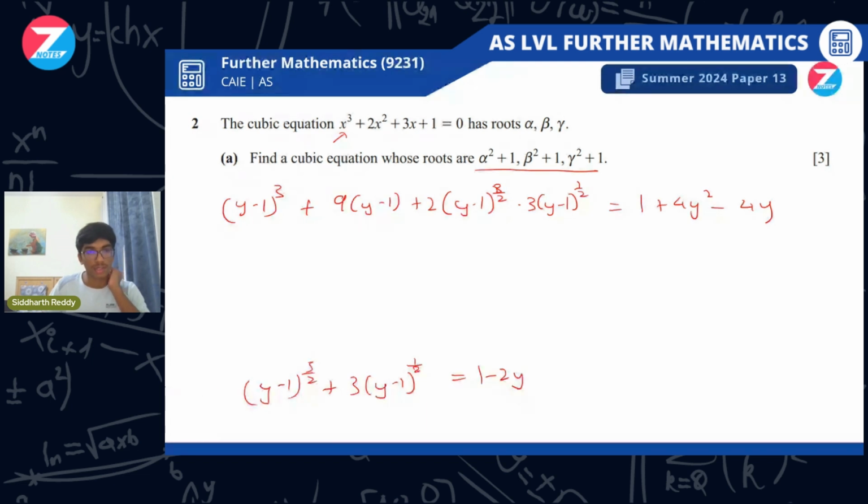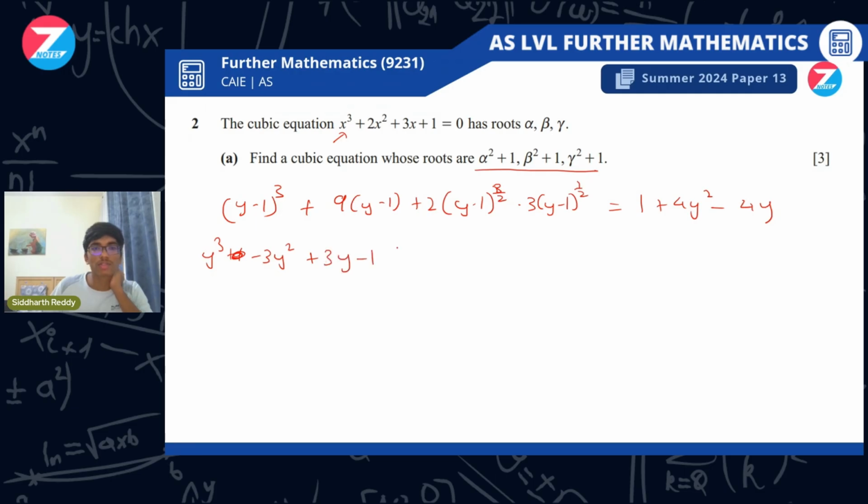And now we can expand this also. So (y minus 1) cube will just be y cube minus 3y squared plus 3y minus 1, plus 9y minus 9.